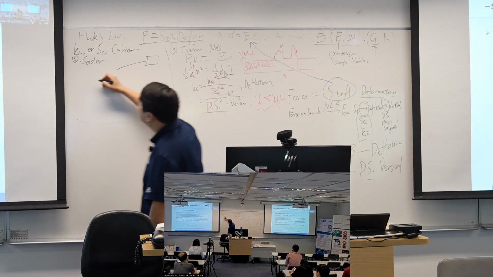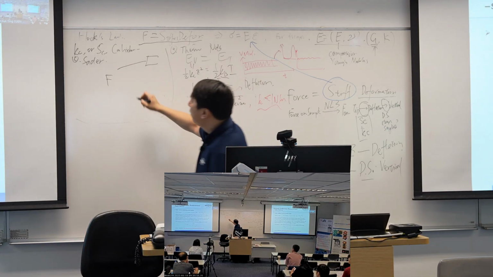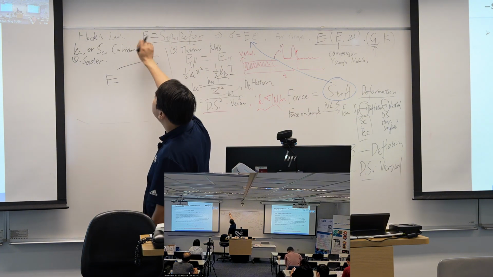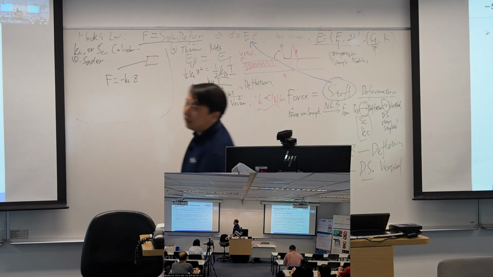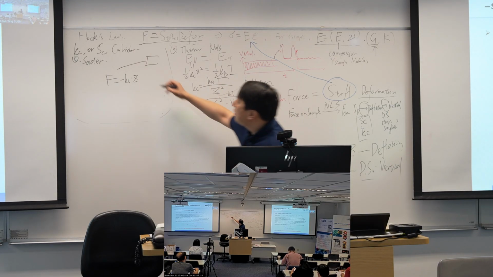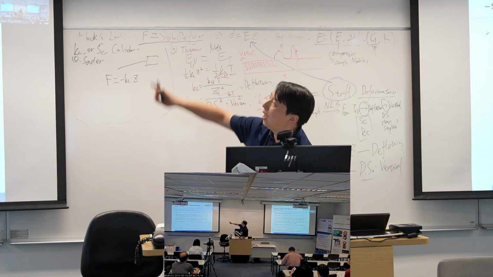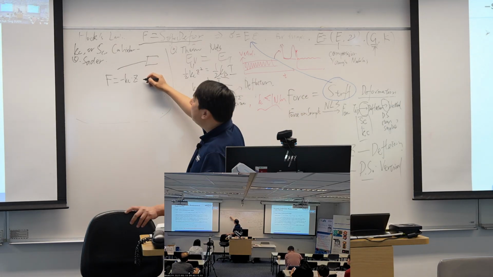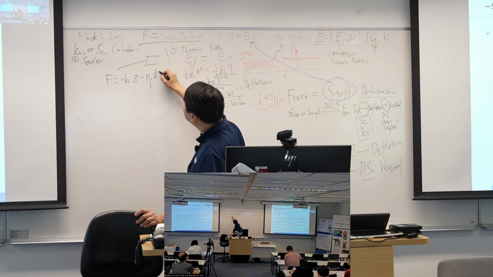The force sensed by our cantilever equals, first, of course, the Hooke's law, so negative Kc times z, the deflection. And since it's moving in the environment, it will sense a hydrodynamic force, which we can usually write as the viscosity times its speed.